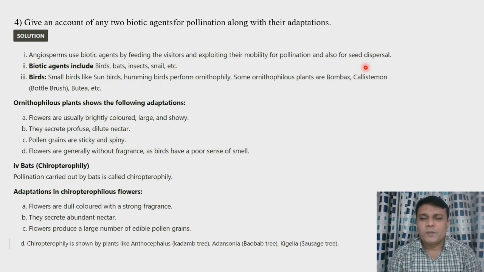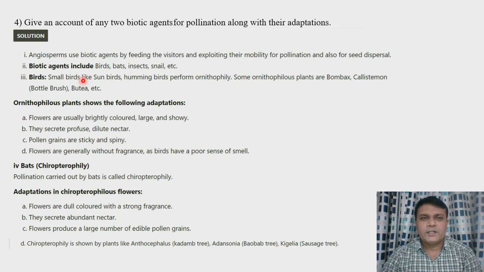So angiosperms use different kinds of living organisms by providing them with different food materials like edible pollen grain, edible plant parts or parts of the flower, and they also produce nectar. Due to this, the plants are helped in the process of pollination.